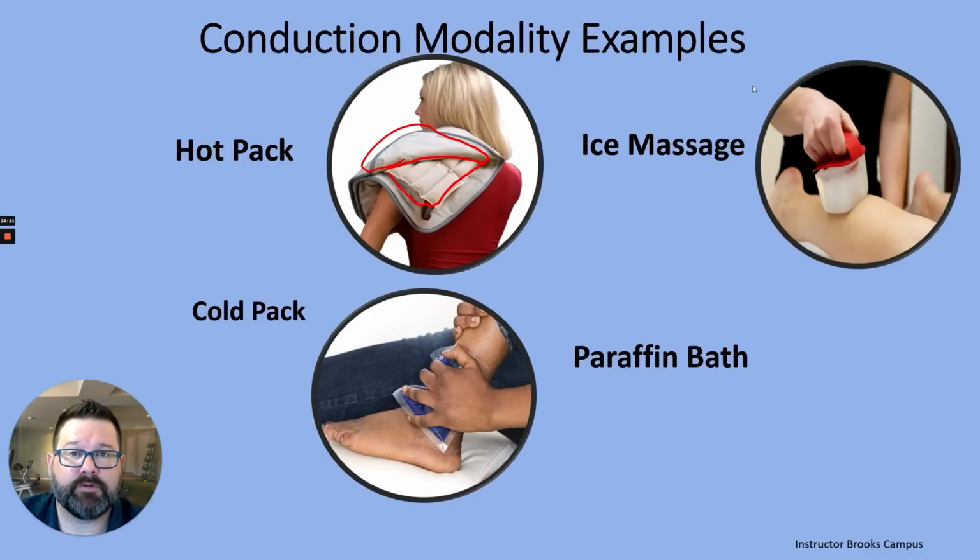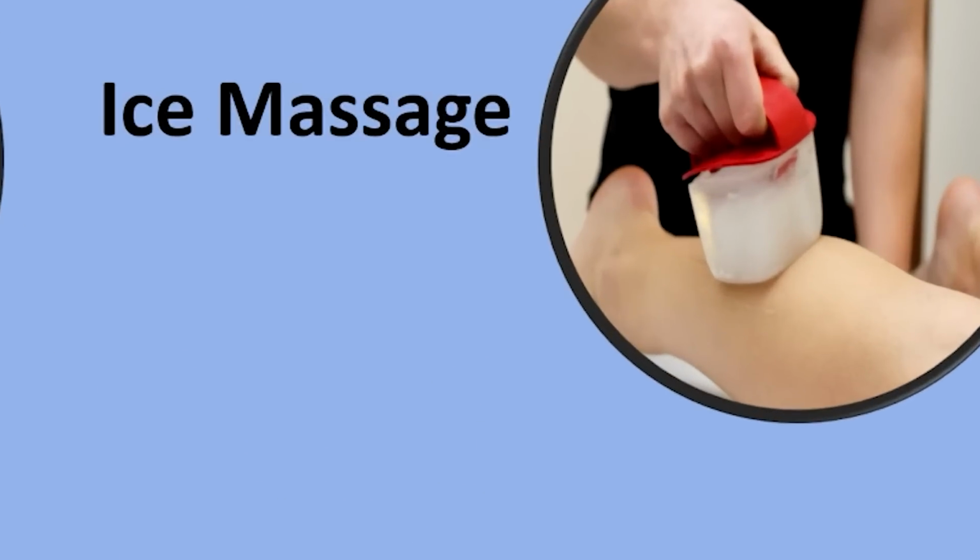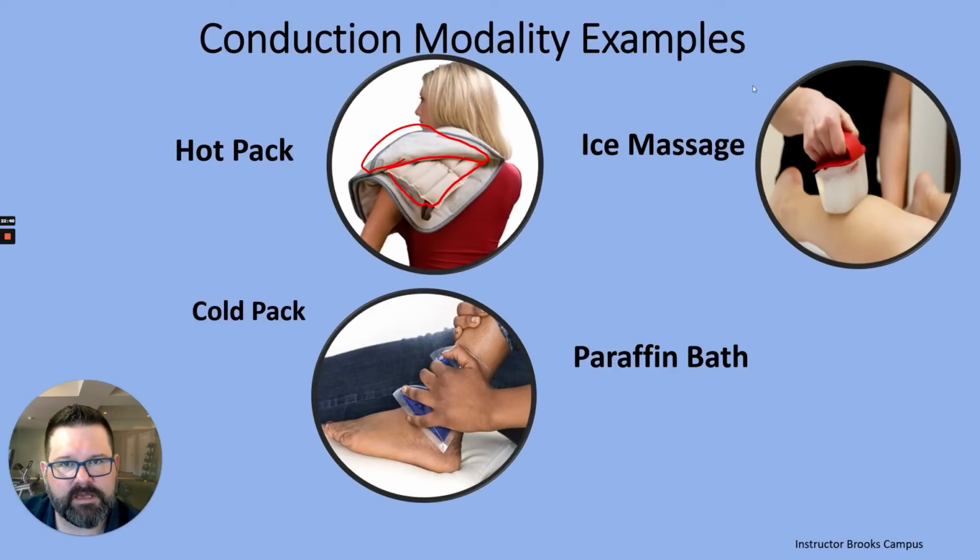The next example is ice massage. Ice massage is exactly like a cold pack. And this is true conduction. It is 2 materials touching that are at different temperatures. In this example, the heat of the body is transferred into the ice, and the ice will slowly melt. Because there is no insulator in between, this type of modality is usually applied in a smaller time frame and with more constant checking of the tissue.